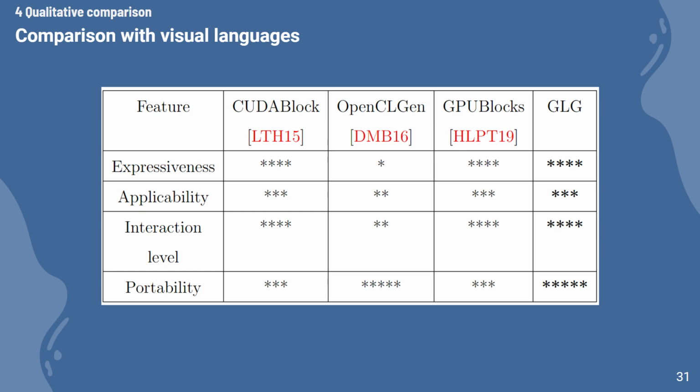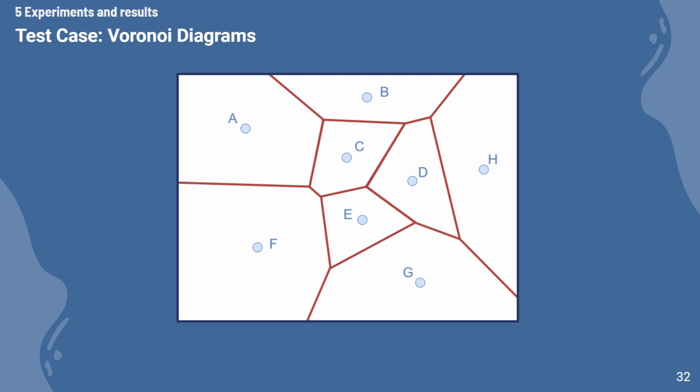Regarding performance evaluation, a comparison was performed using 2 test cases. The first test case corresponds to Voronoi diagrams. These diagrams are used to divide a space into adjacent regions, where each region is associated with a specific point called a generator.